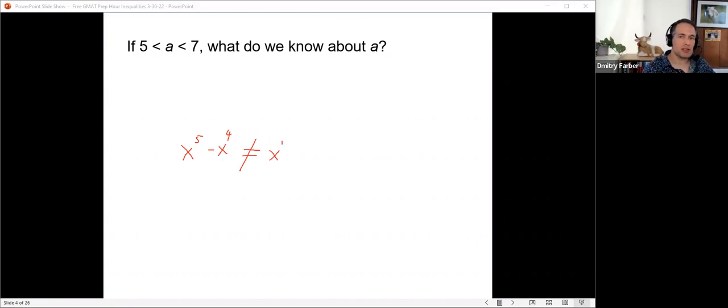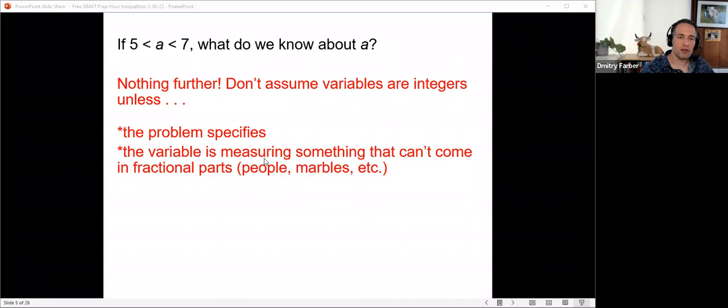So same with integer constraints. Sometimes people will assume them, other times people will overlook them. So if the question doesn't specify that the variable is an integer, the only way you would know is if we're measuring something that isn't going to be fractional. We're not going to have half a person or a third of a marble or something like that. Sometimes it could even be days.